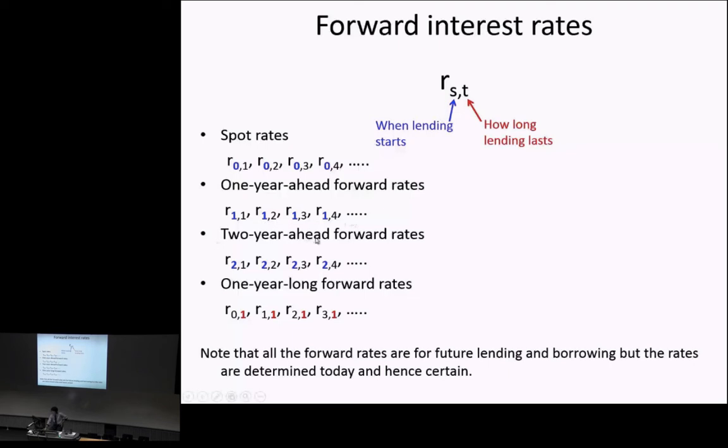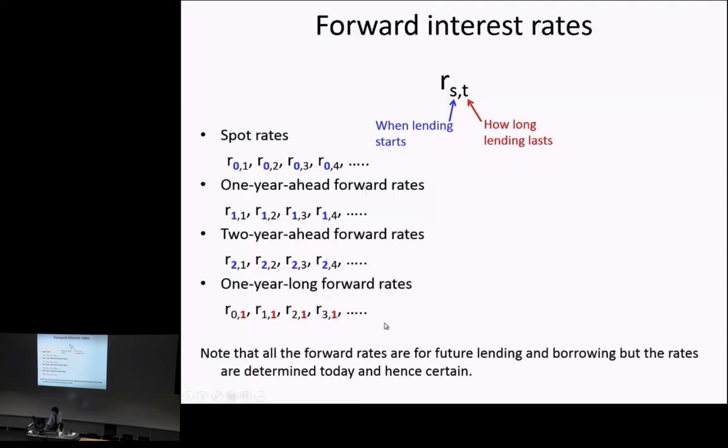Similarly for the 2 year ahead forward rates, the first subscript is 2 because the lending will start 2 years from today. For 1 year long forward rates, the lending and borrowing will start at some point, and once it starts, it will last for exactly 1 year. So the second subscript is equal to 1. Are you okay with these notations?